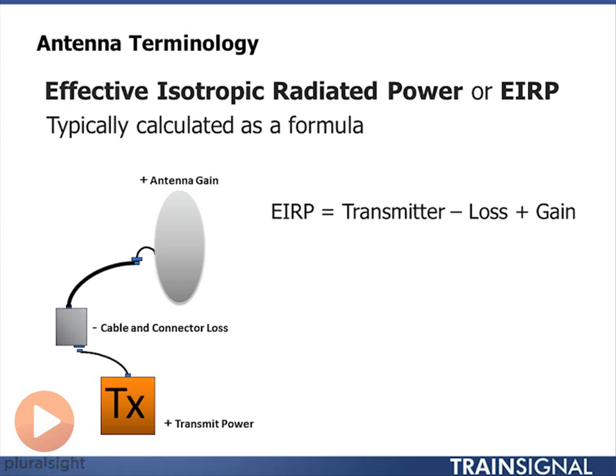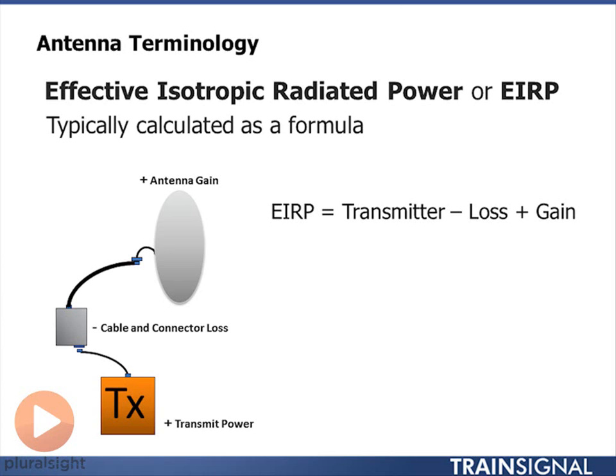So if I'm transmitting at 20 dBm from my transmitter, and then that signal is going up the cable to the antenna, as it goes through the cable and the connectors, it's going to suffer some loss. Let's say I get 1 dB of loss. I have to take that away, so that would be 20 dBm minus 1 dB.